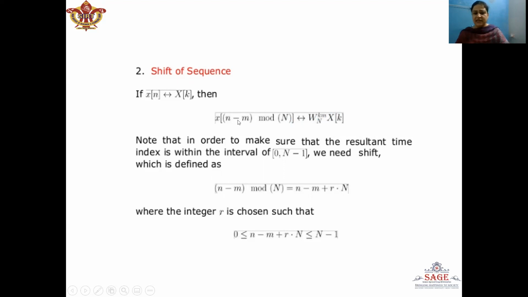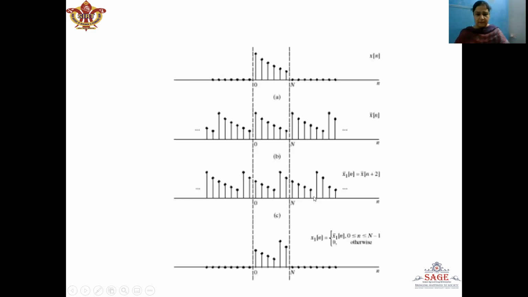Here we are using x[(n minus m) mod N]. It is represented by n minus m plus r times N, where r is any integer. This is used to represent a periodic signal. When this integer r is chosen, the value n minus m plus r N should lie between 0 and N minus 1.